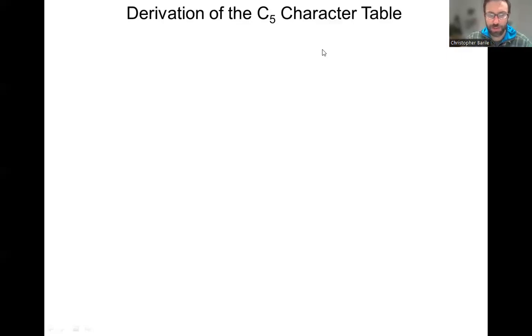All right, so in this video, we are going to derive the C5 character table. And this is going to be quite a challenging task for us for two reasons. One, anytime you have C5 symmetry operations, fifth order 72-degree rotations in your point groups, the math gets really complicated.